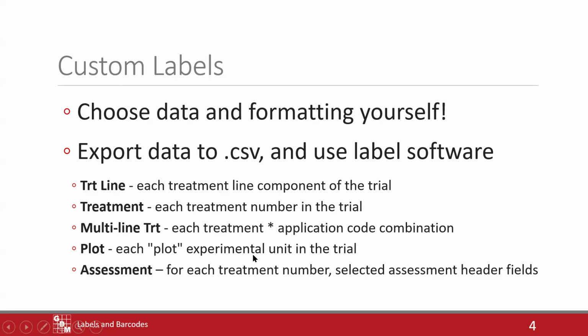Of course, we've seen those examples, just one label for every plot. And then the last one is assessment. So for each treatment number that you have, we'll actually pop open the assessment editor and you can pick assessment header fields, listing out the description for an assessment that you're about to do, and then you'll have one for each treatment number.